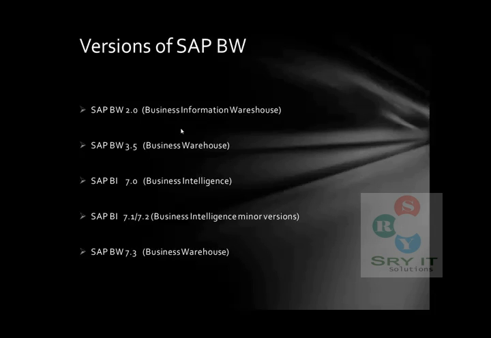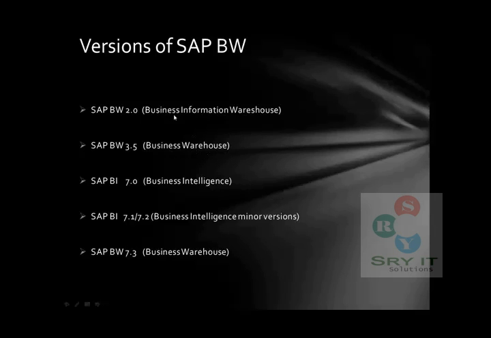Why did it happen? Earlier, for our SAP BW system, they gave the naming BW 2.0, which is Business Information Warehouse, in 1988. And the BW 3.5 version was released in the 1990s phase.